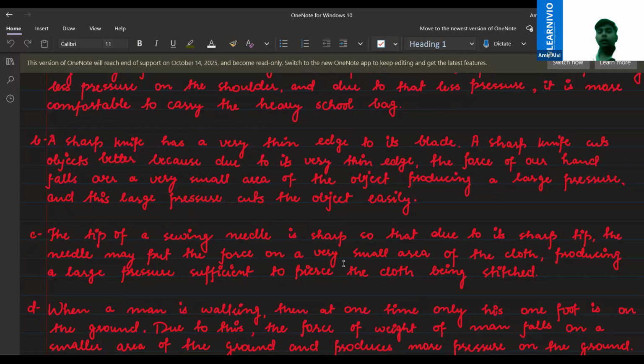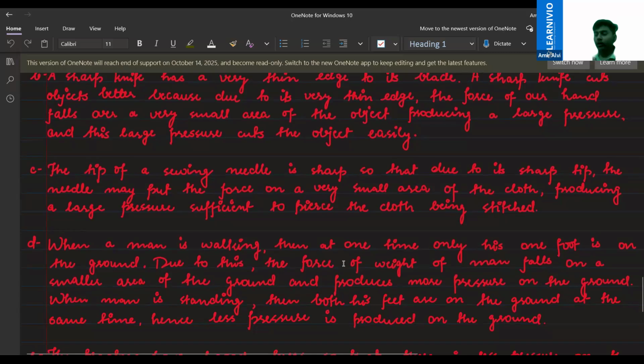When a man is walking, at one time only one foot is on the ground, so the pressure would be high. If you're standing, the two feet are on the ground, so the weight is distributed over the two feet, and the pressure would decrease by half.